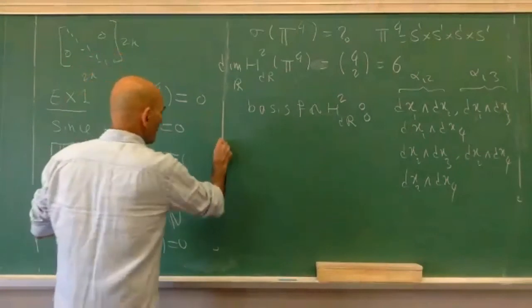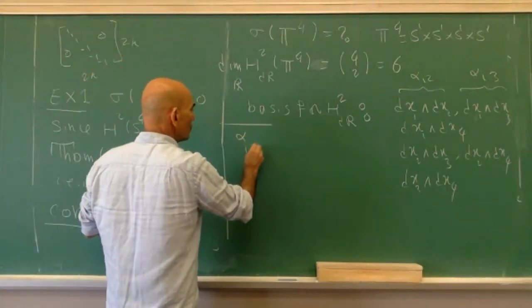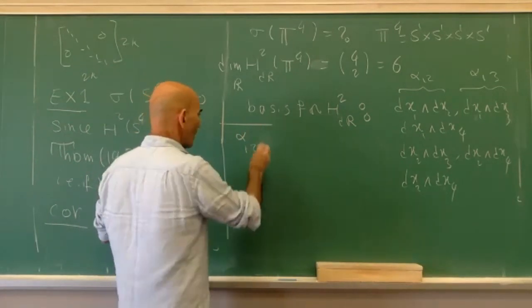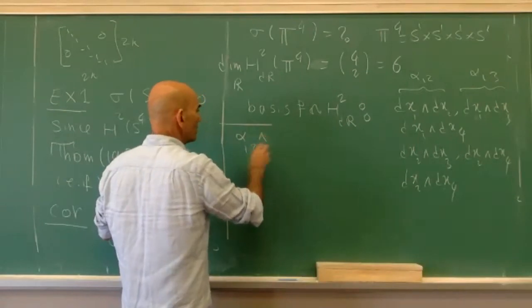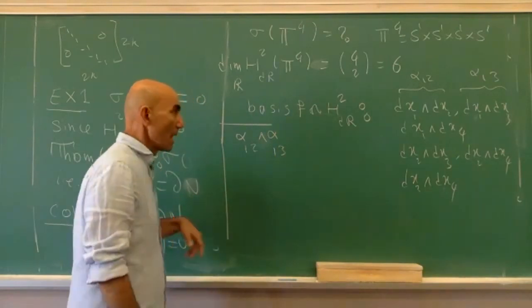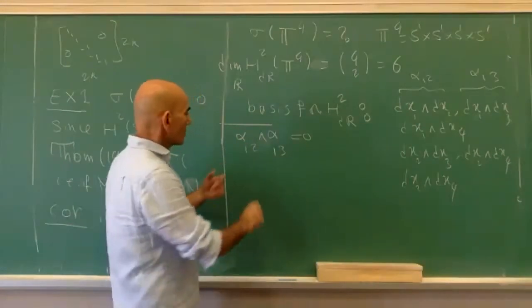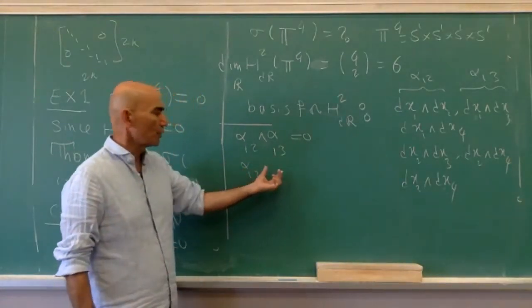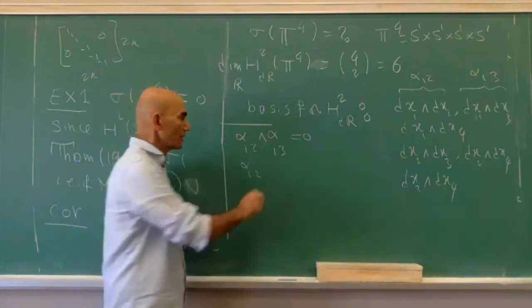So for example, just check what is alpha 1,2 wedge alpha 1,3. It's 0, right? So let's compute alpha 1,2. The only thing that contains alpha 1,2 and is non-zero is alpha 3,4. Wedge alpha 3,4.